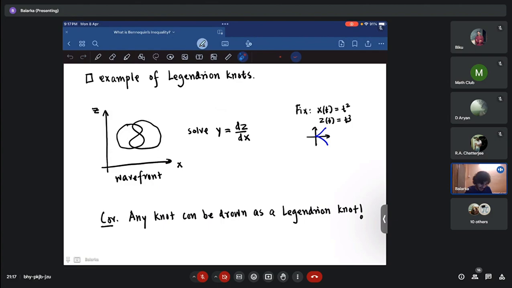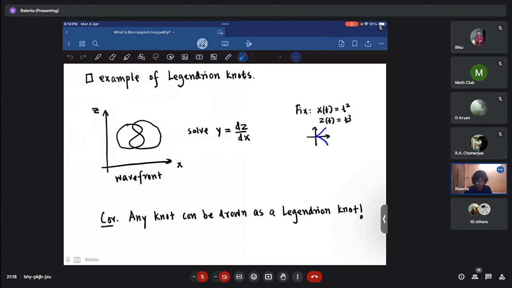Now you know z and x completely because you've drawn a curve, z of t comma x of t, on the zx plane. You solve for y, and then automatically that satisfies the property, right? Because along the curve, dz minus y dx is 0, because I have literally solved for y equal to dz by dx. So I have drawn a Legendrian knot.